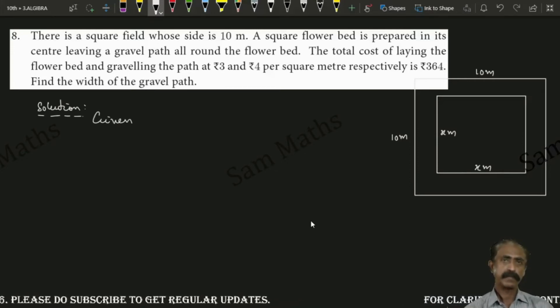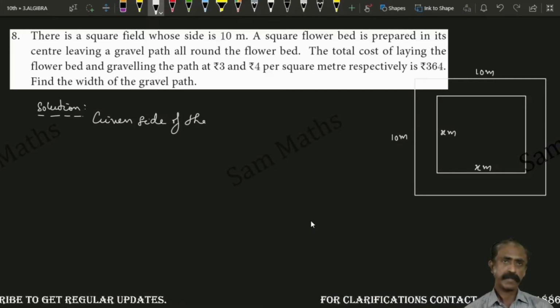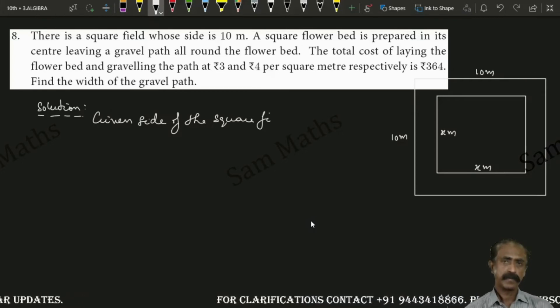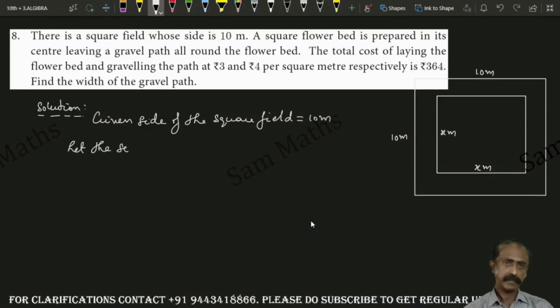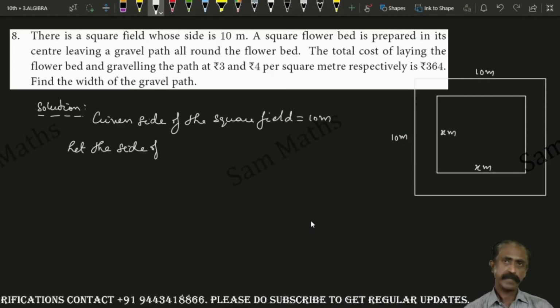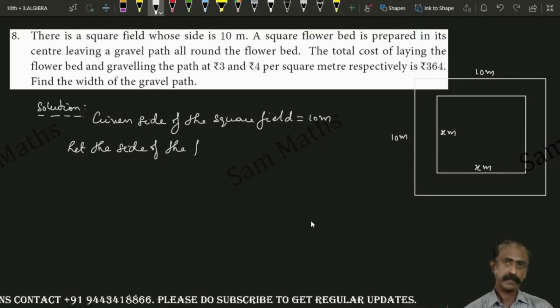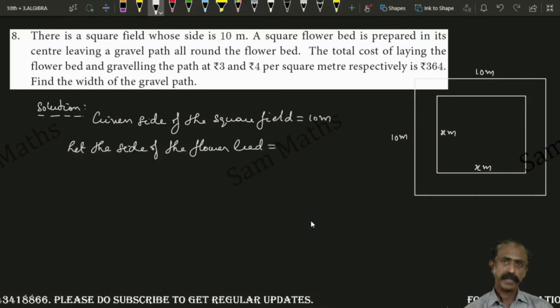Given: side of the square field equal to 10 meters. Let the side of the flower bed equal x meters.